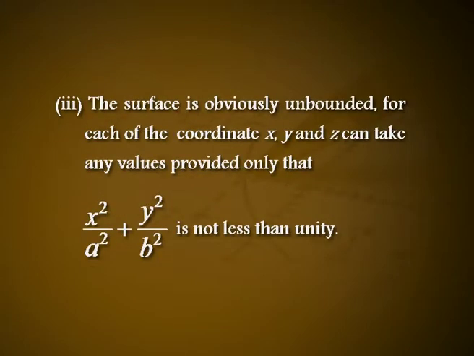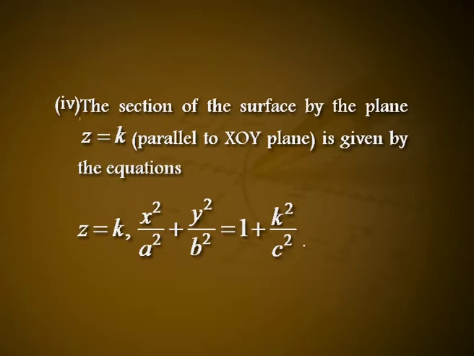The surface is obviously unbounded, for each of the coordinates x, y and z can take any values provided only that x square by a square plus y square by b square is not less than unity. The section of the surface by the plane z is equal to k, that is parallel to the x-o-y plane, is given by the equations z is equal to k, x square by a square plus y square by b square is equal to 1 plus k square by c square.